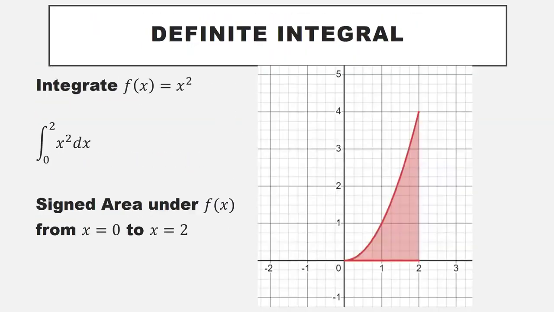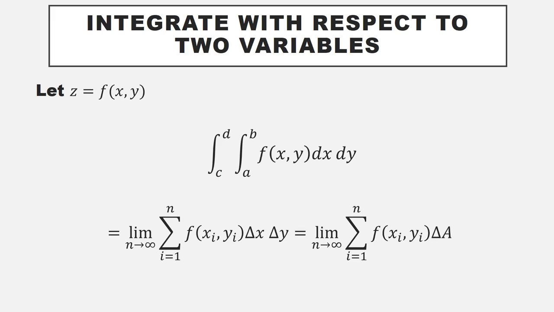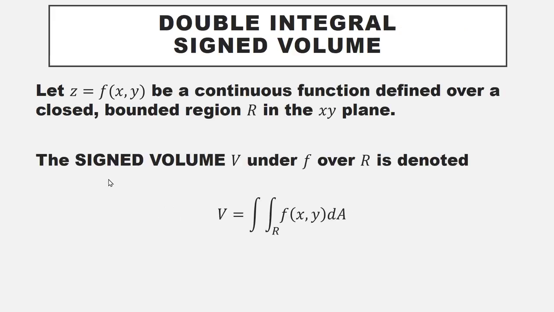But mainly, what we figured out was that the signed volume under our function, but over the region we're integrating over, is what we get when we do these double integrals.